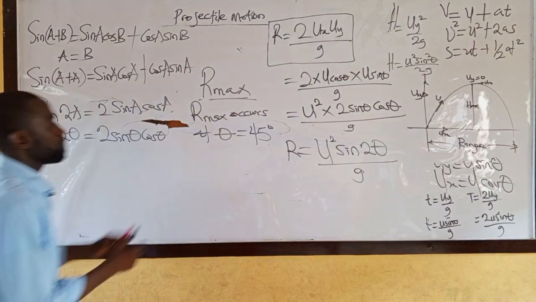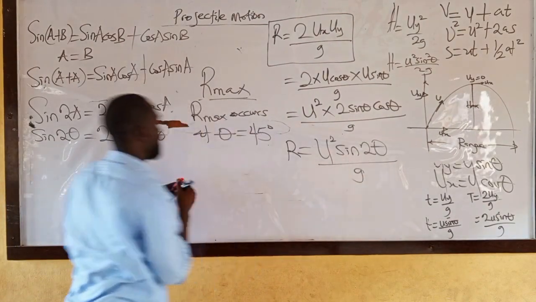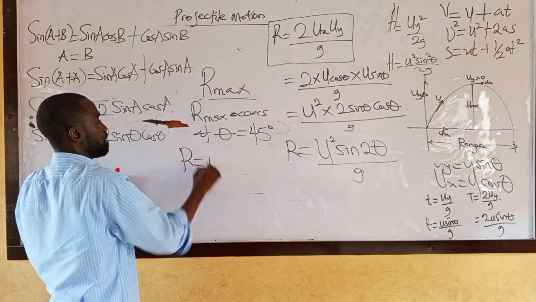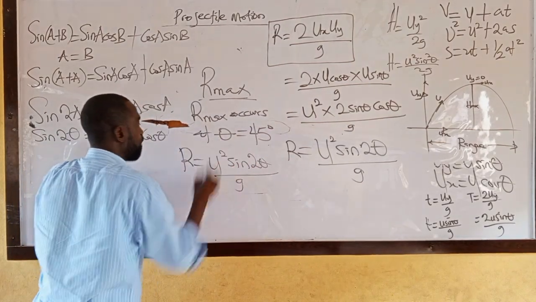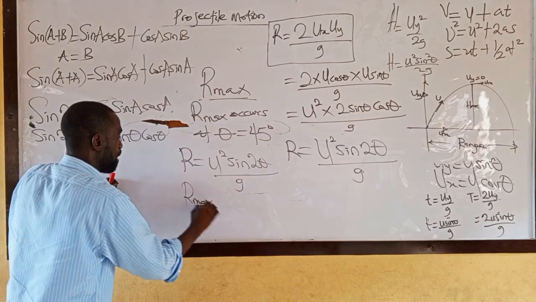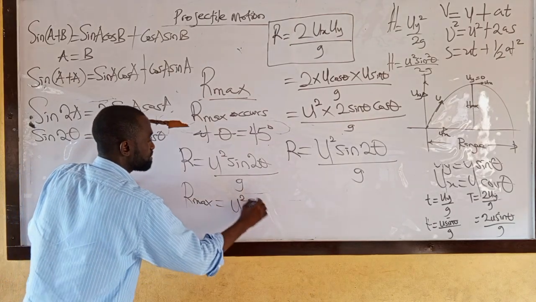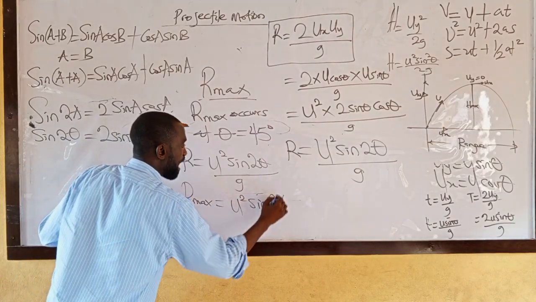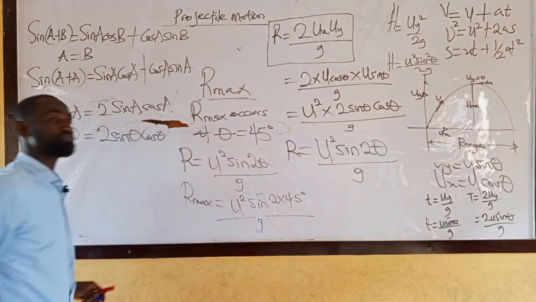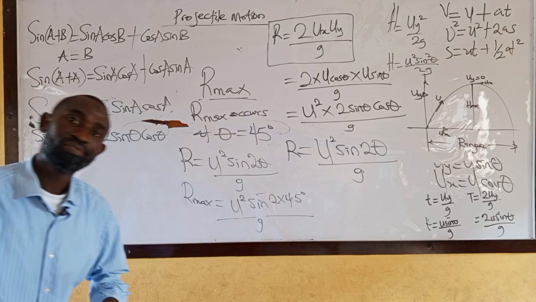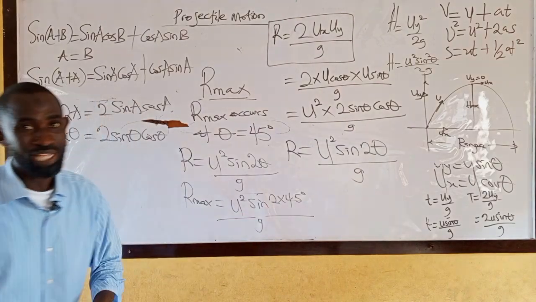So, which implies if theta is 45, we have R equals what? U squared sine 2 theta over g. For R max, what will happen? We now have U squared sine 2 times 45 degrees all over g. 2 times 45 gives us 90.